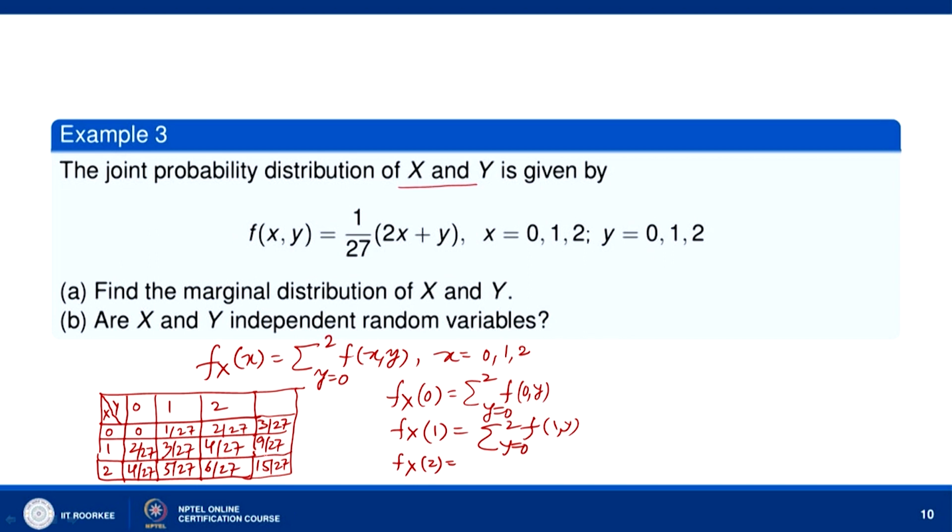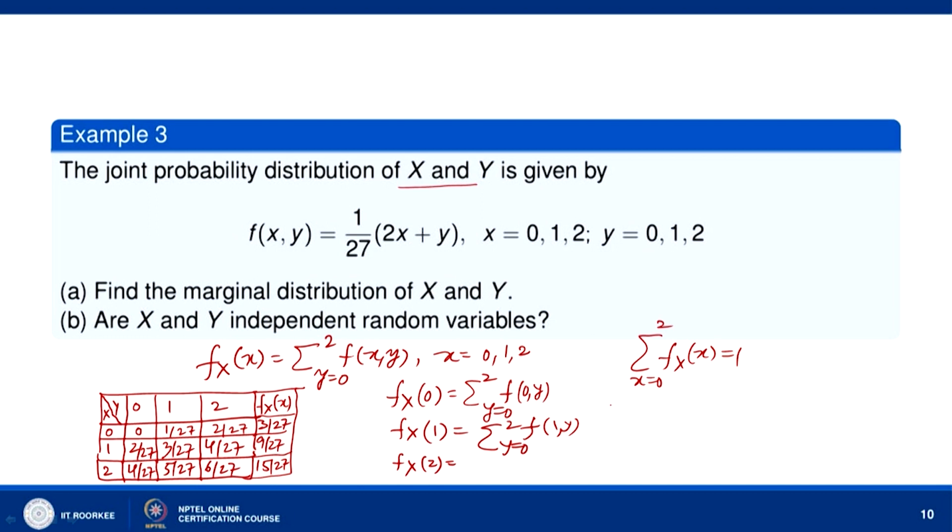So, we have 3 plus 9 is 12, 12 plus 15 is 27, so 27 by 27. The sum of f_X(x) when x varies from 0 to 2 must be equal to 1. That is a check. So, this is f_X(x).